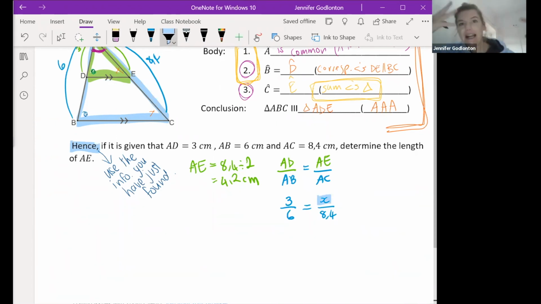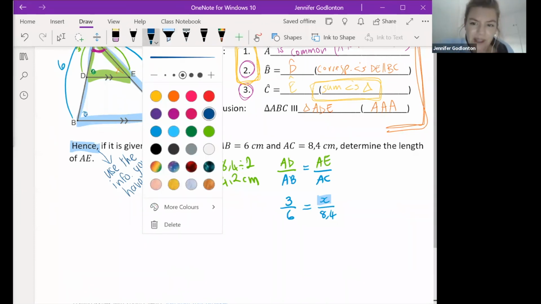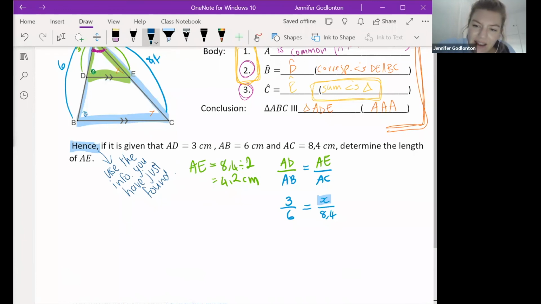We're going to dive into our algebra and our equation work that we did right at the beginning of the year. Who thinks that they can give me a suggestion? Yes, Nico, I didn't even have to say anything. We are absolutely going to cross multiply. That is 100% what we are going to do. We are going to take this 8,4 and multiply it up there, and take this 6 and multiply it over there. So we're going to say 3 times 8,4 is equal to 6x.